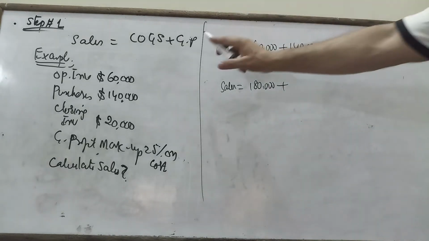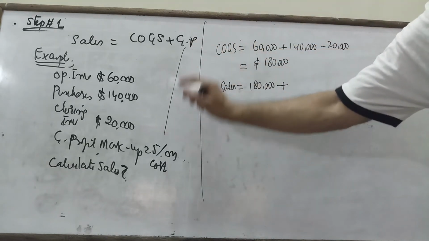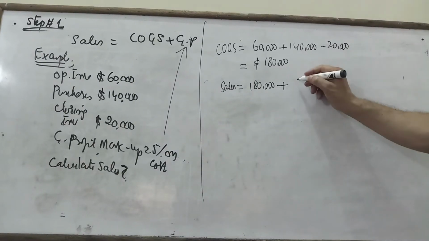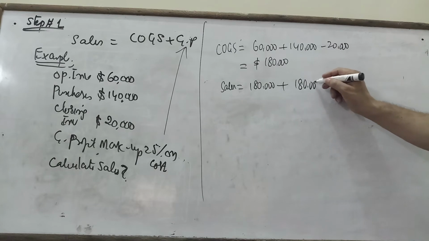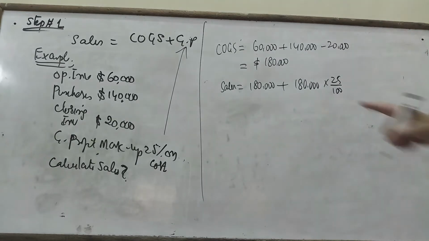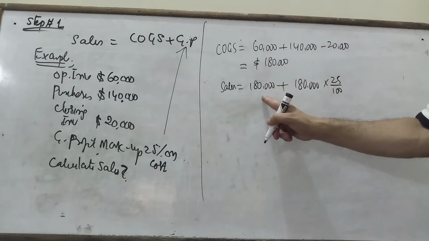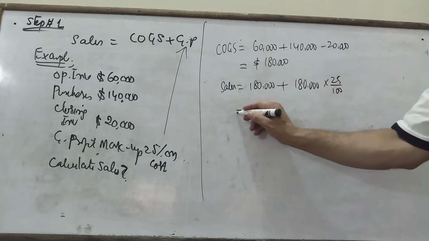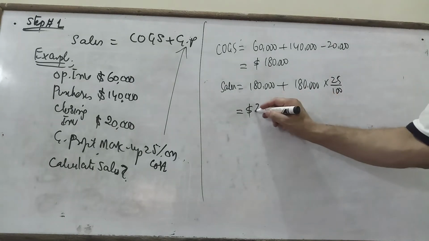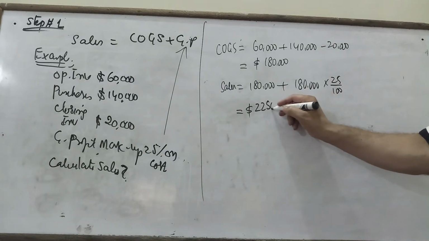plus profit. Here the profit is given as 25% markup, which is 25% on cost. So 180,000 multiplied by 25 upon 100. This is gross profit. Okay, sales is COGS plus gross profit, which will give you total sales revenue of 225,000.